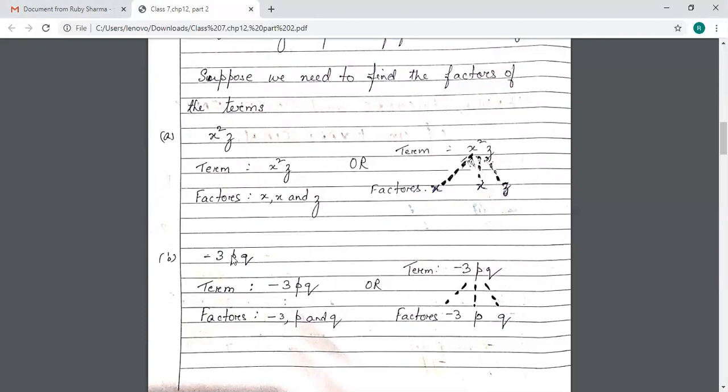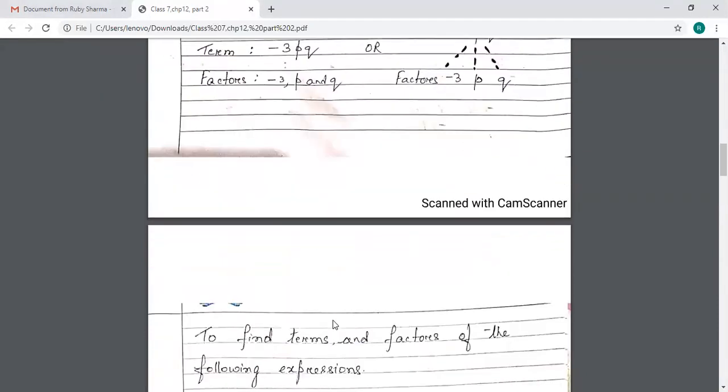Now here, minus 3pq. How do you get minus 3pq? By multiplying minus 3 into p into q. So the factors of minus 3pq are what? Minus 3, p and q. So I hope you have understood the factors.